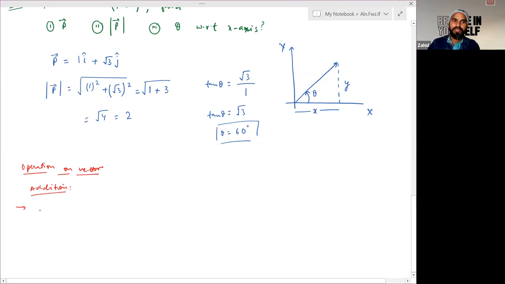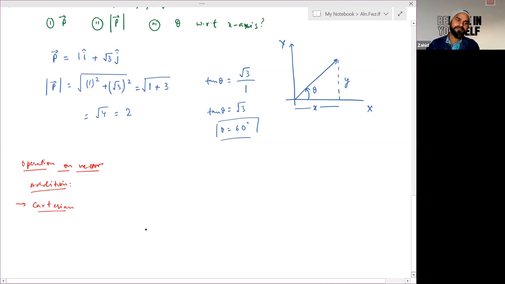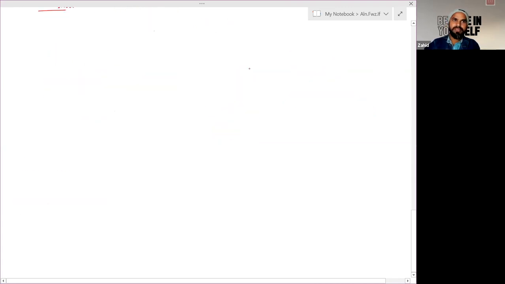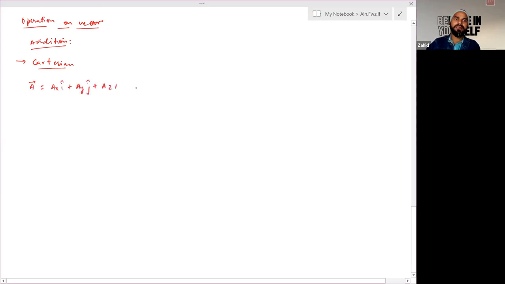First, for Cartesian form, suppose you have vector A, which has three components as ax i cap, ay j cap, and az k cap.